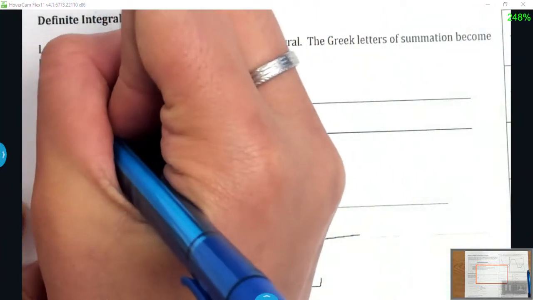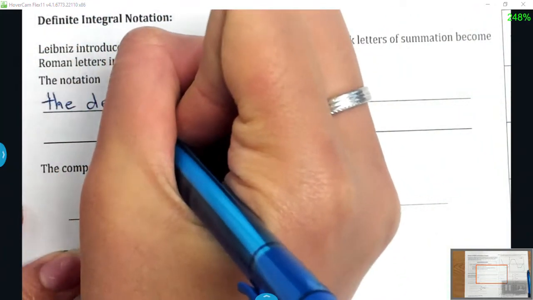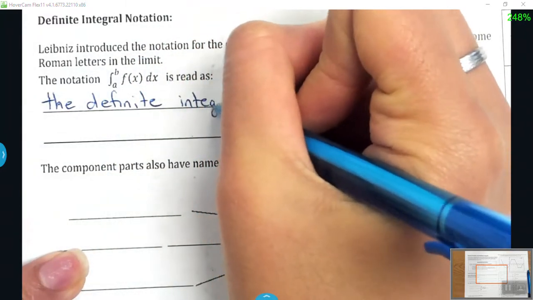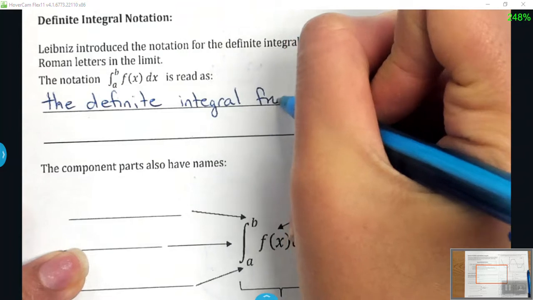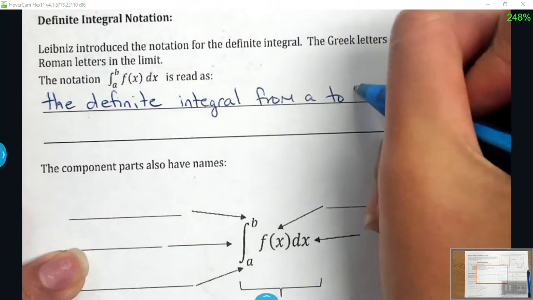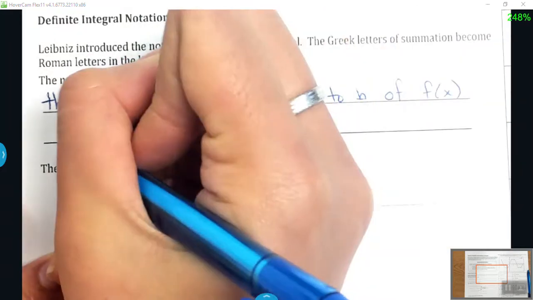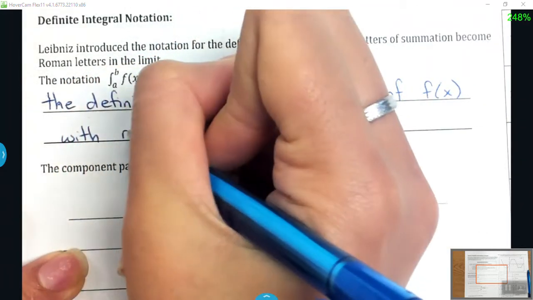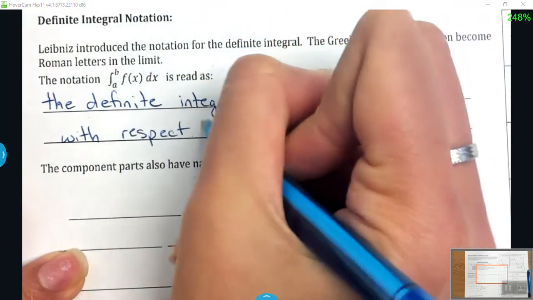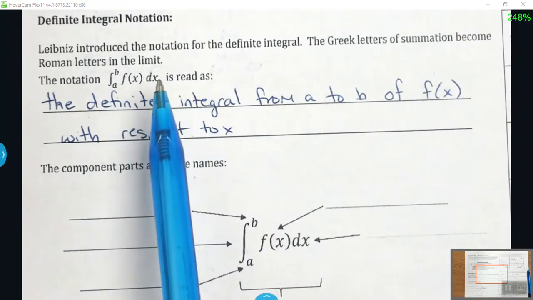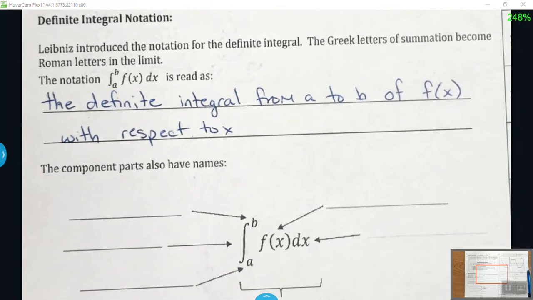When you read this, it's the definite integral from a to b of f of x with respect to x. The dx tells you what you're taking the derivative with respect to.